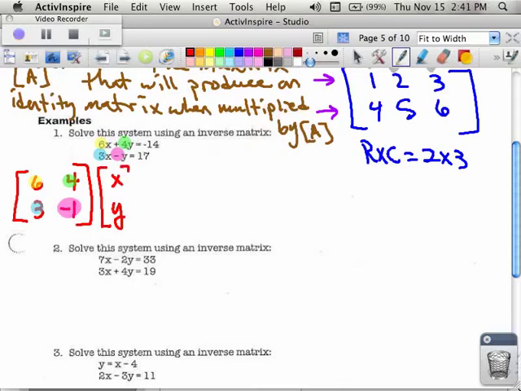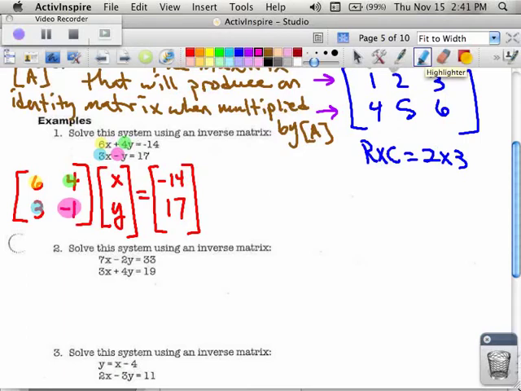And that's equal to a matrix that contains the last 2 numbers on the right-hand side of the equation, which are -14 and 17. Those come from the -14 above and the 17 down below. So this is just how you would write it in matrix form.